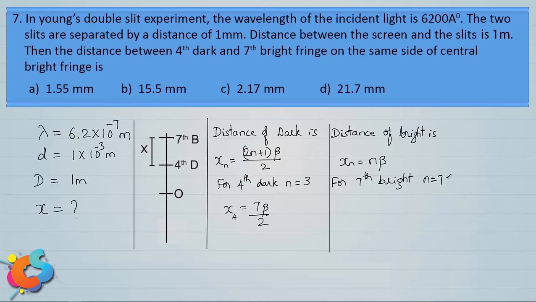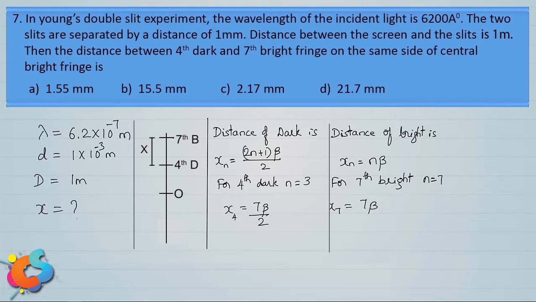That is, for 3rd dark you can take n as 3, for 4th dark n as 4, and so on. But here I have considered the formula (2n plus 1) beta by 2, therefore I'll have to make these adjustments. Now, for the 7th bright, the distance is x7, which is 7 beta.